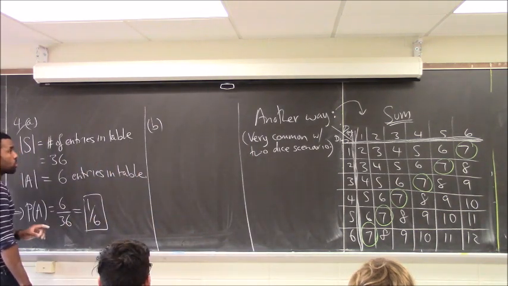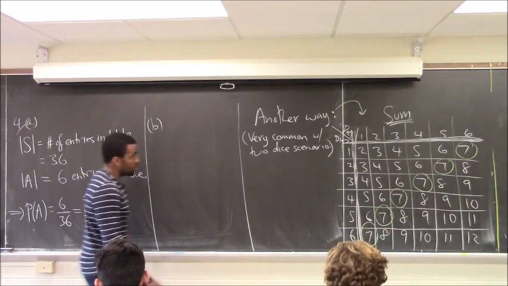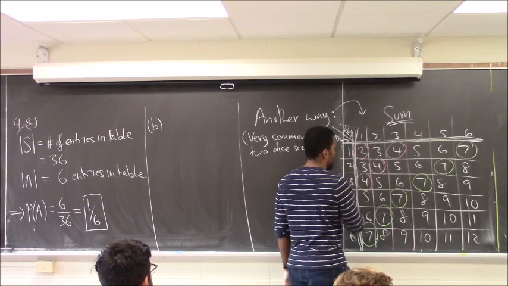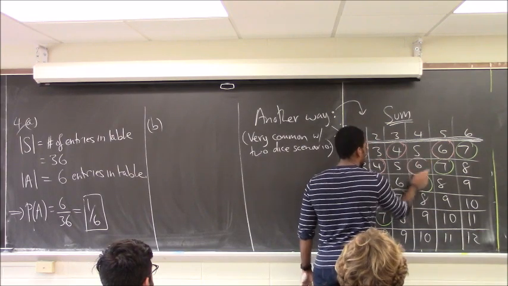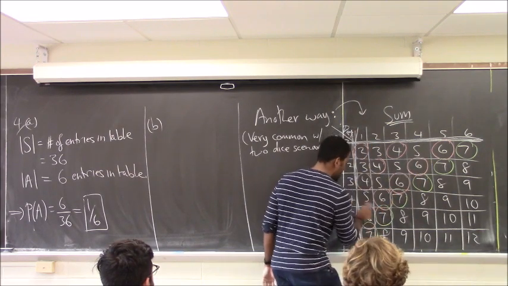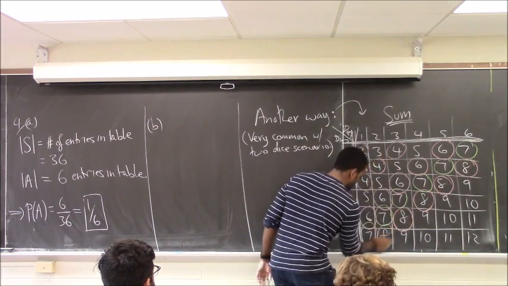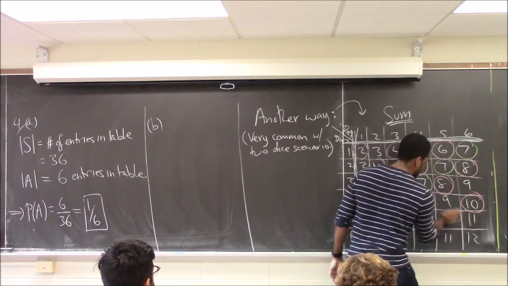We are in B, where we care about the evens. So 2 is even, 4 is even, 6 is even, 8 is even, 10 is even.